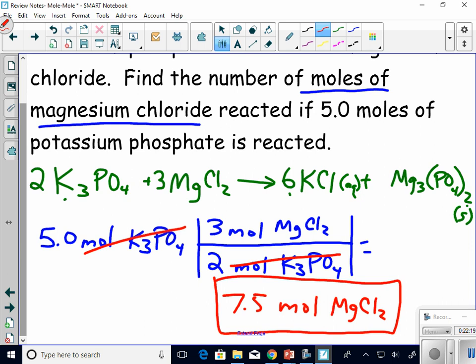Yeah. So now I have determined that if I have 5 moles of potassium phosphate, to react that completely, I'm going to need 7.5 moles of magnesium chloride.